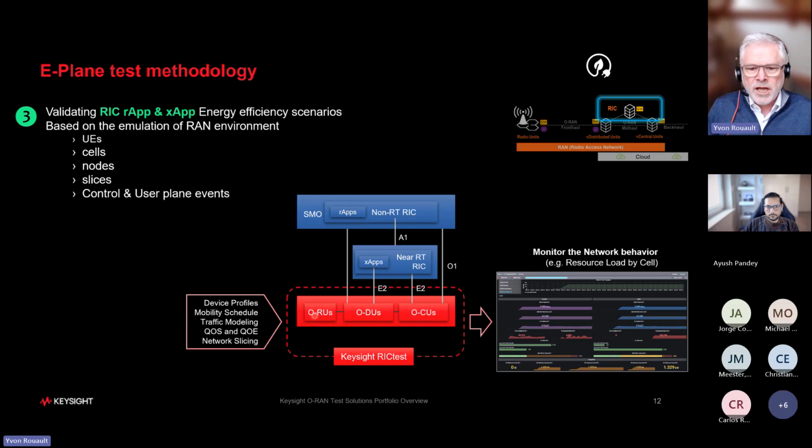And through the simulation, we can calculate the effect of the requests from the RIC, how they are decreasing the energy consumption, because they force the RU to go into a sleeping mode, for example. Okay, so this kind of thing can be measured in real time, and of course you can push some reports out of it afterwards. But basically, it's a very good way to experiment and verify the way your RIC will perform or will contribute to the energy efficiency.